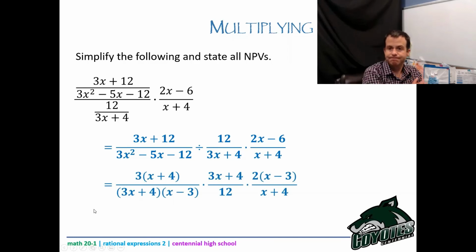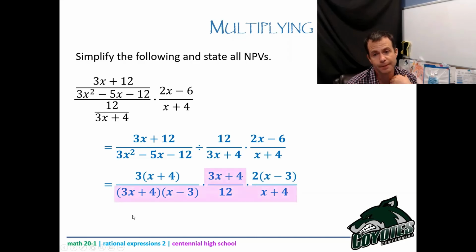Perfect. Okay, so now I got to talk about NPVs. A reminder, for NPVs, it's all of the bottom and anything that was once the bottom. So my NPVs are actually coming from everything I've highlighted here. So here is going to be 3x plus 4 can't be 0. That ends up being x can't be negative 4 over 3.